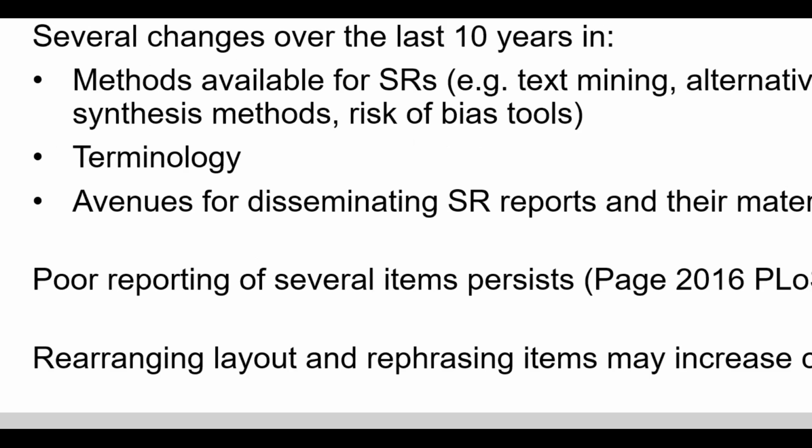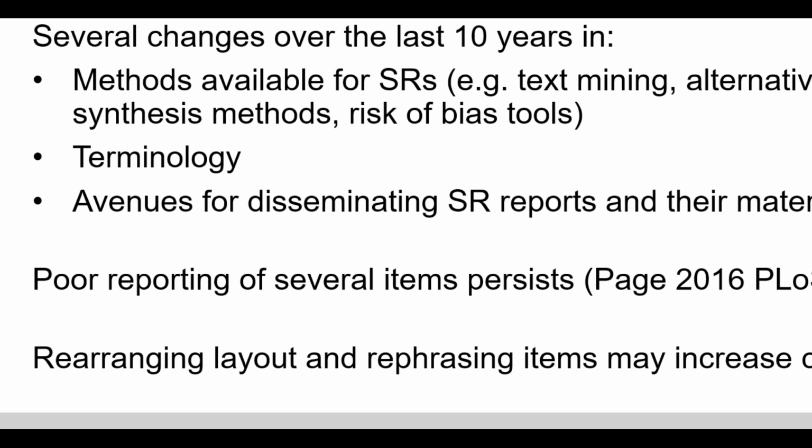Now, the reason why we decided to go ahead and update PRISMA was because back in 2017, we realized that several changes have occurred in the last 10 years in the methods that are available for systematic reviews, be they text mining methods for speeding up systematic review processes. There's also some new methods for synthesizing results when meta-analysis is not possible or appropriate.